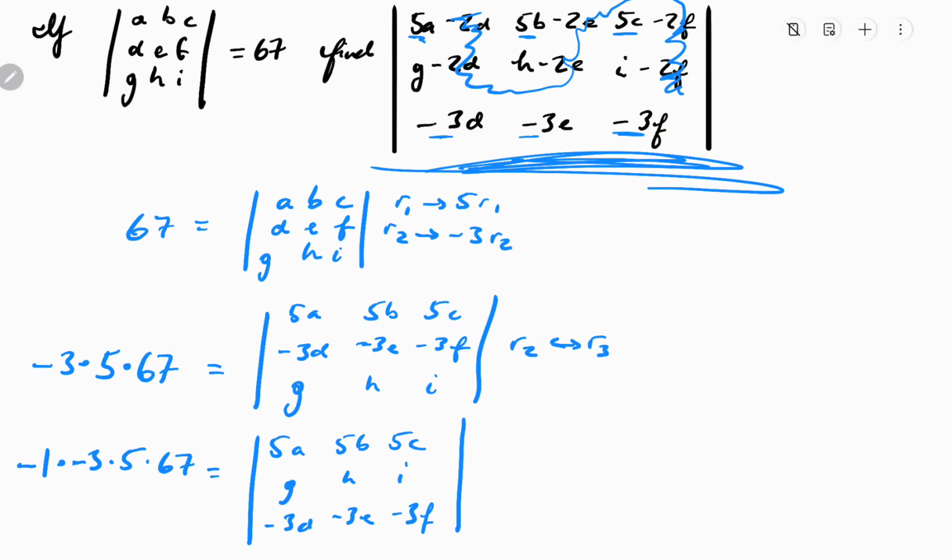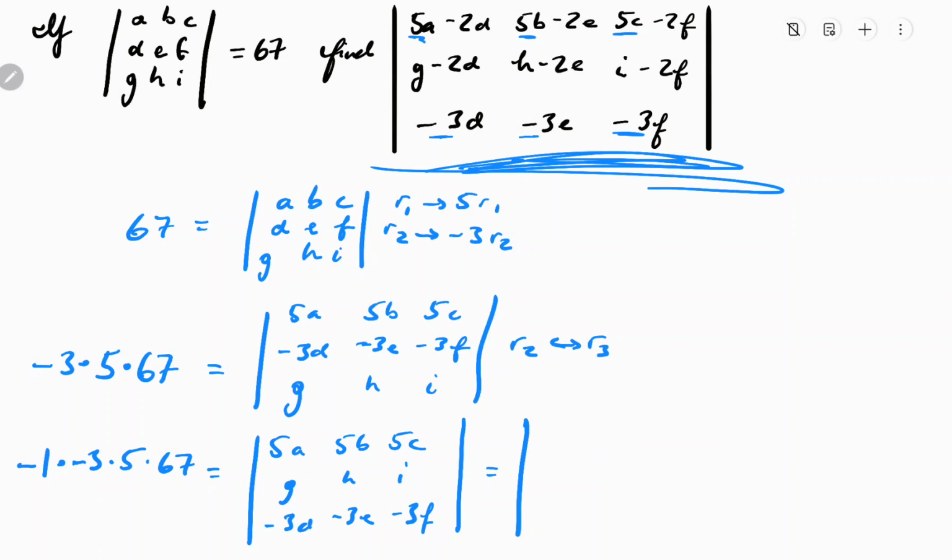And so now we're going to address our subtraction. Since we are subtracting, and adding or subtracting a scalar multiple of a different row results in the same determinant, I know that the determinant of this matrix will be equal to the determinant of the matrix in question.